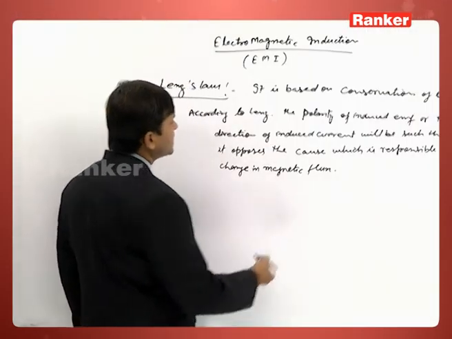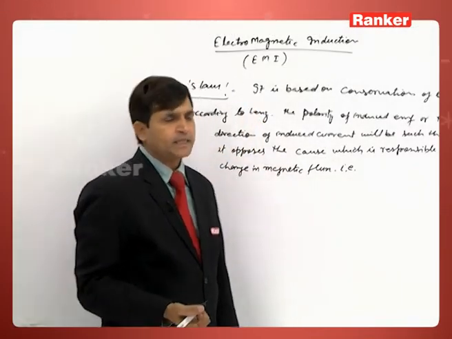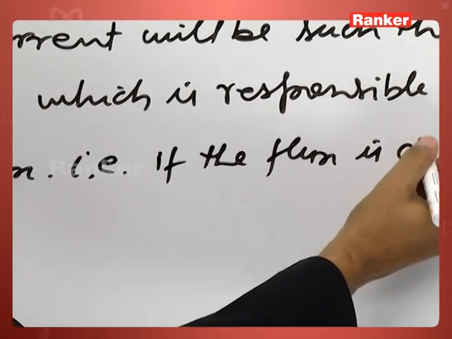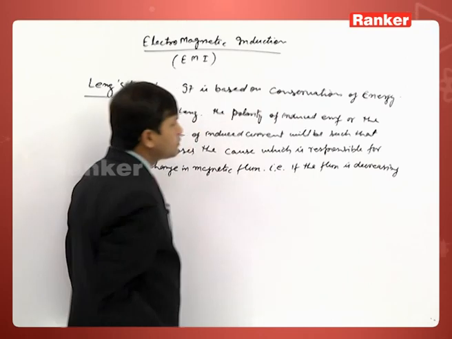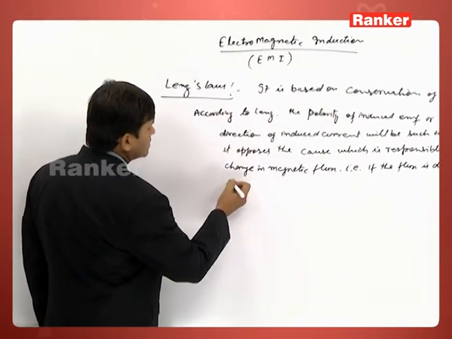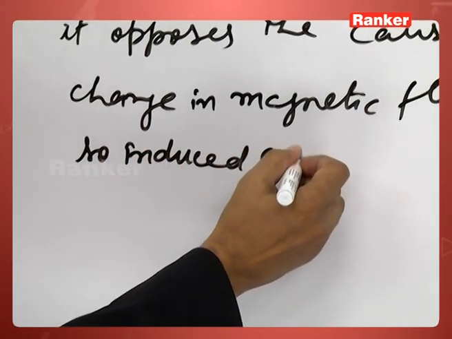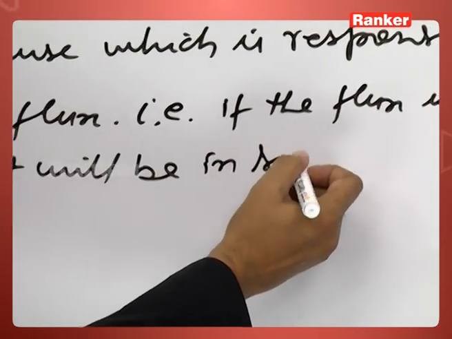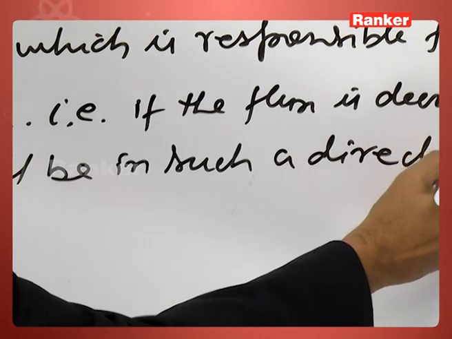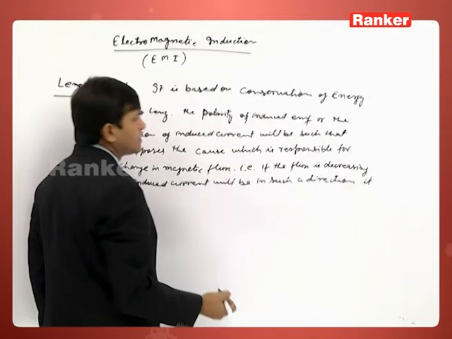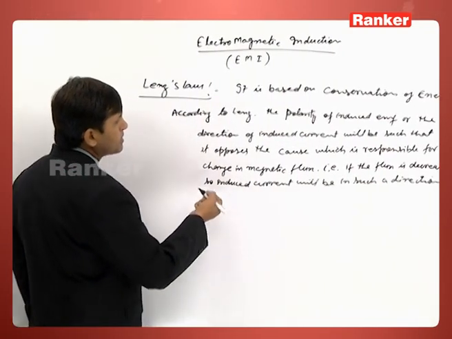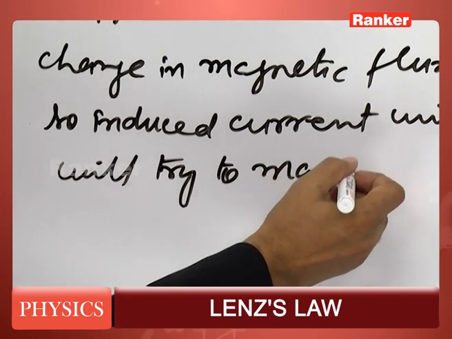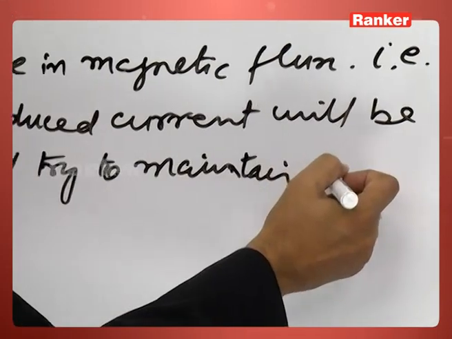It means, if the flux is decreasing, the induced current will be in such a direction that it will try to maintain the same flux.